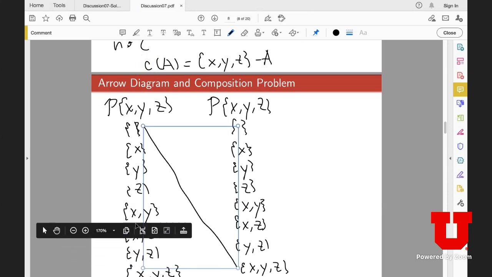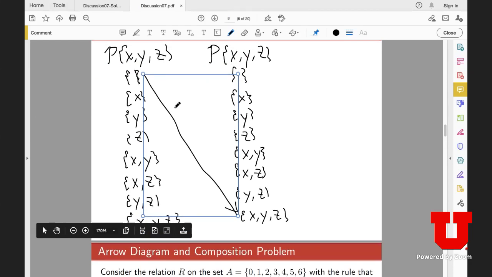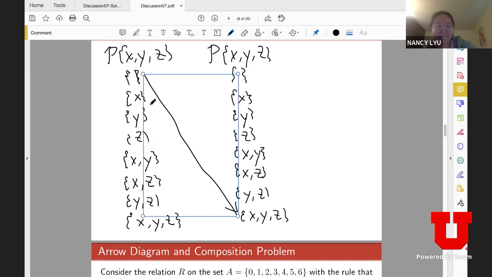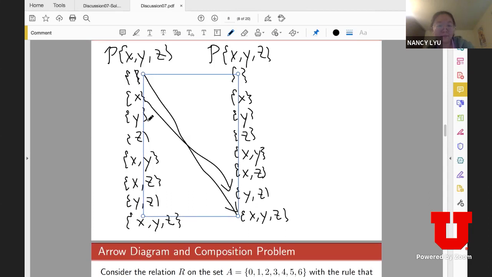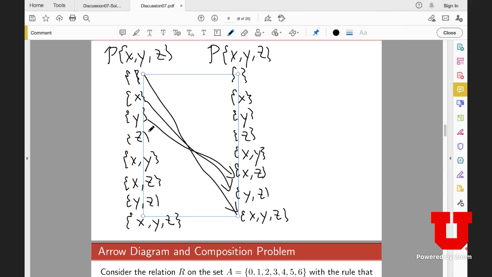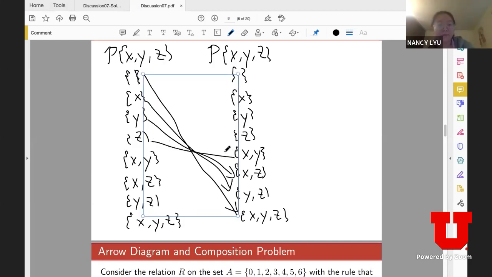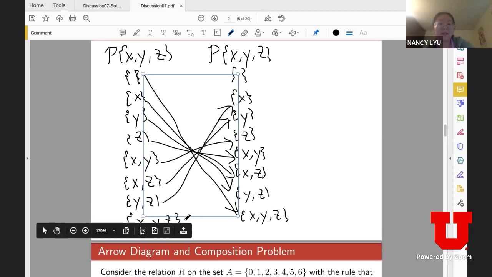That's right. And what about X? It's YZ. And Y? XZ. Yes, and Z goes to XY. XY goes to Z, XZ goes to Y, and YZ goes to X. And lastly XYZ goes to the empty set.